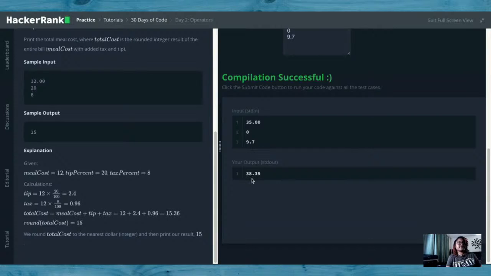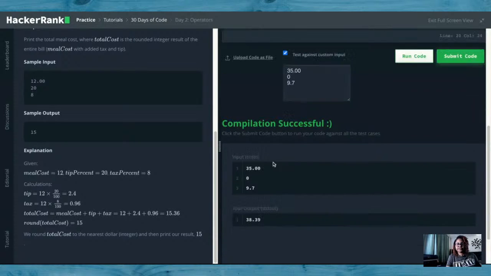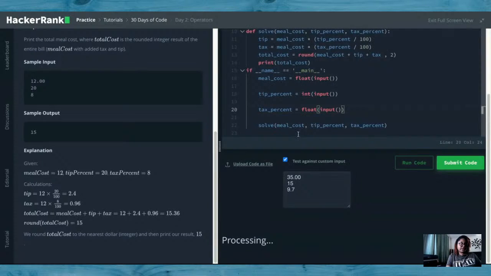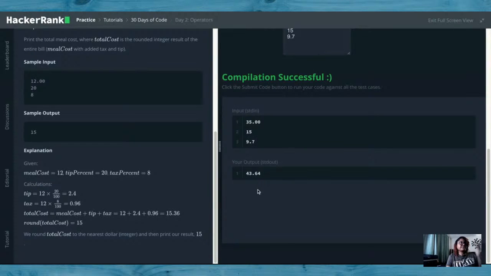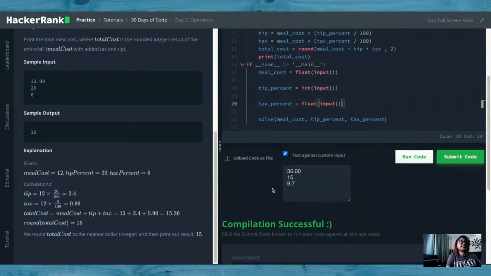I'm only spending $38.39, versus if I did use a delivery service and I'm tipping the driver, then I'll be spending $43.64. I like the service and it saves me from driving, so I'm probably going to pay the $43.64.